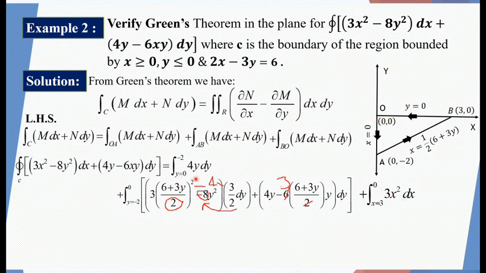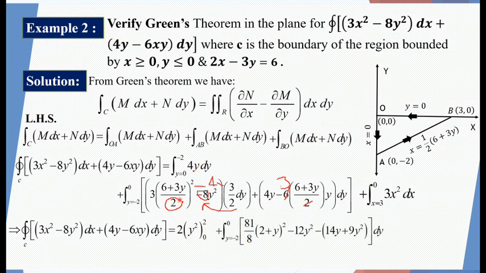So now this 4y will convert into twice y square under the limit 0 to 2, plus, now we can take 3 outside this bracket, so it will be 3 square. 3 square will be 9, and 9 times 3 is 27, and this 3 also in multiplication, so it will be 81 upon 2 square is 4, and 4 times 2 is 8.